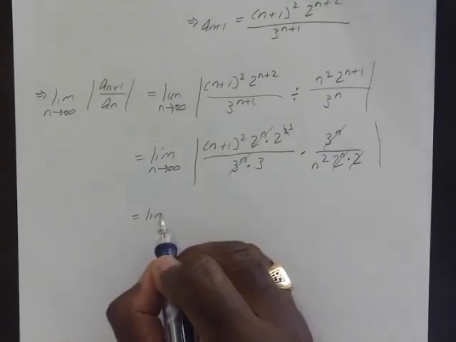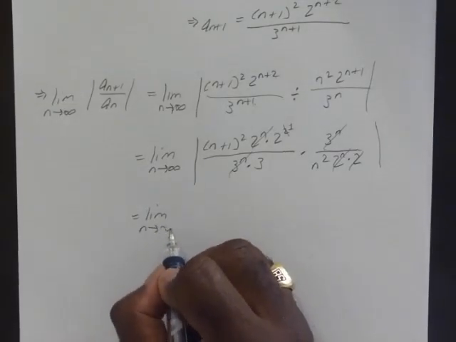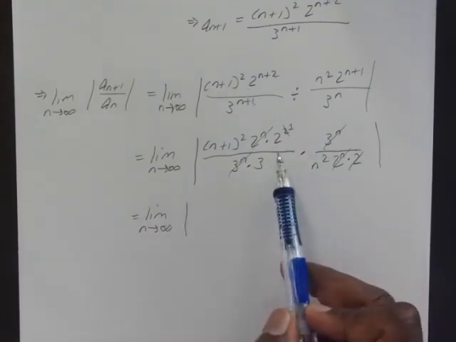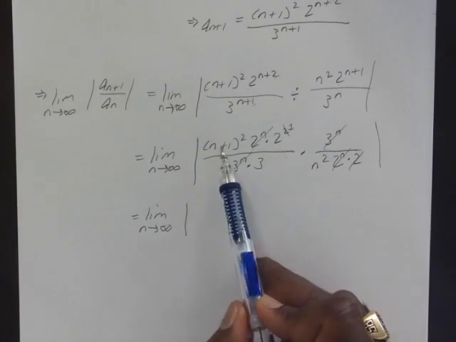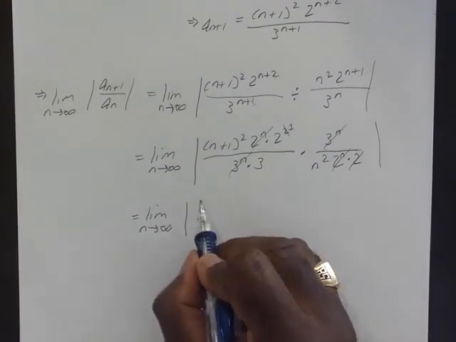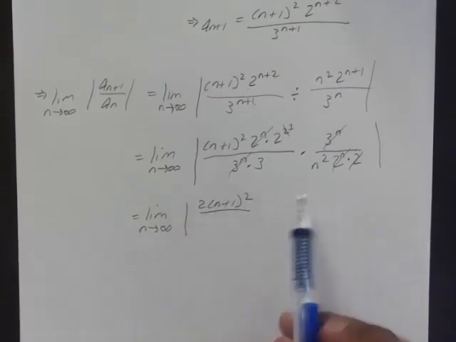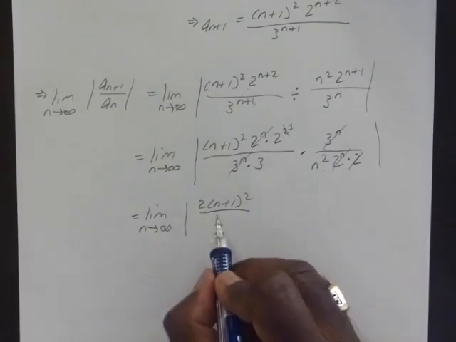So we can make that the limit as n approaches infinity. The numerator, the only thing left is 2 times n plus 1 squared divided by 3 times n squared.